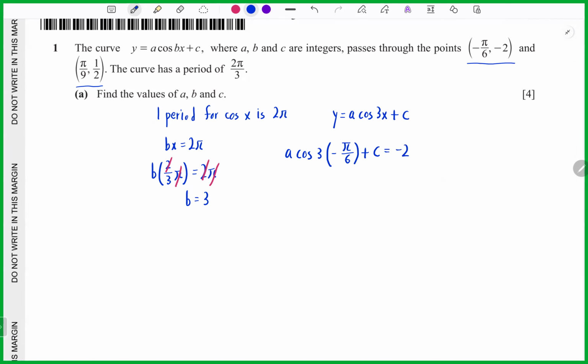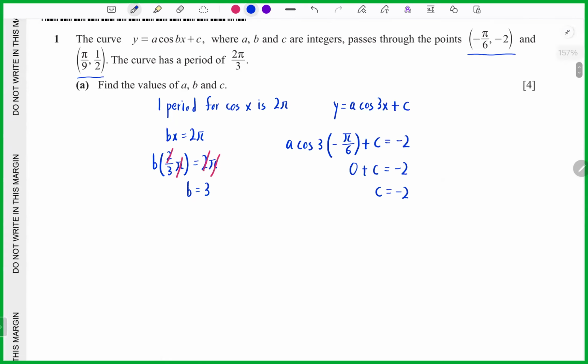You can use your calculator to find cos of 3 multiplied by negative pi over 6 first. You get 0 here, plus c equals negative 2. So c equals negative 2.